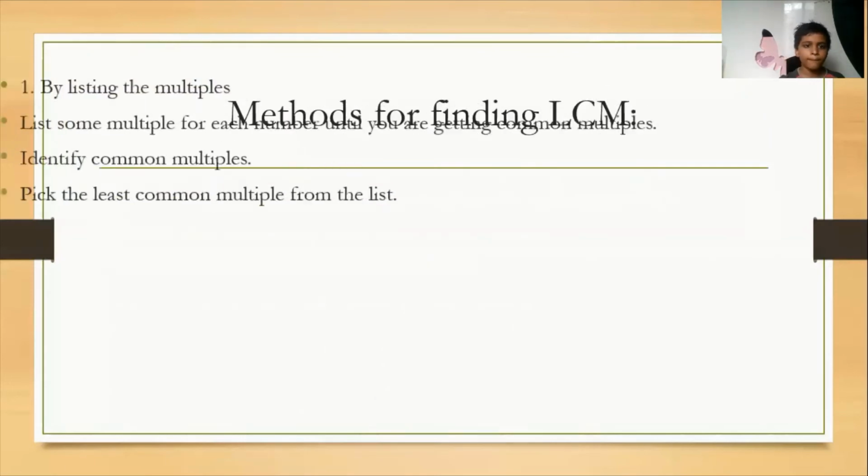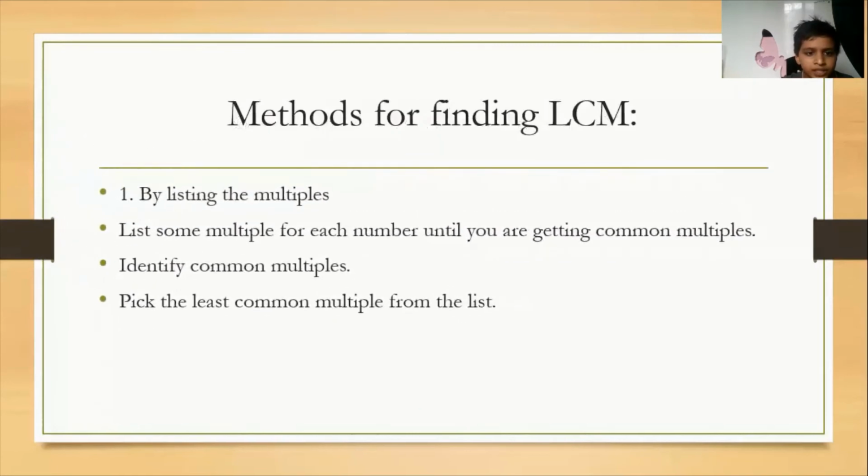Methods for finding LCM. By listing the multiples: list some multiples for each number until you get common multiples. Identify common multiples and pick the least common multiple.